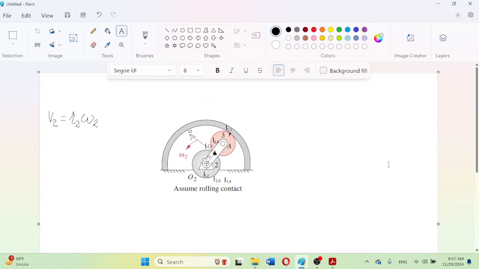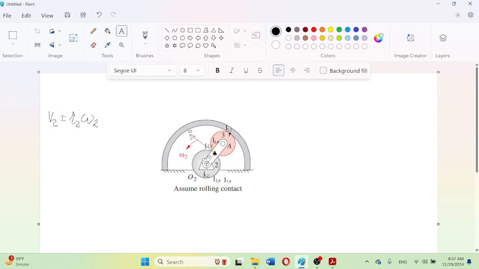So v2 will be calculated, because this gear 2 is in fixed axis rotation about this permanent instant center I1,2, and so its linear velocity will be calculated.